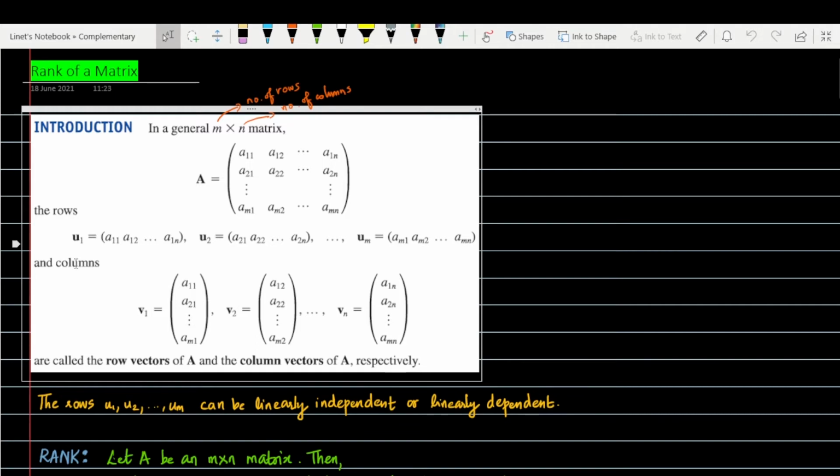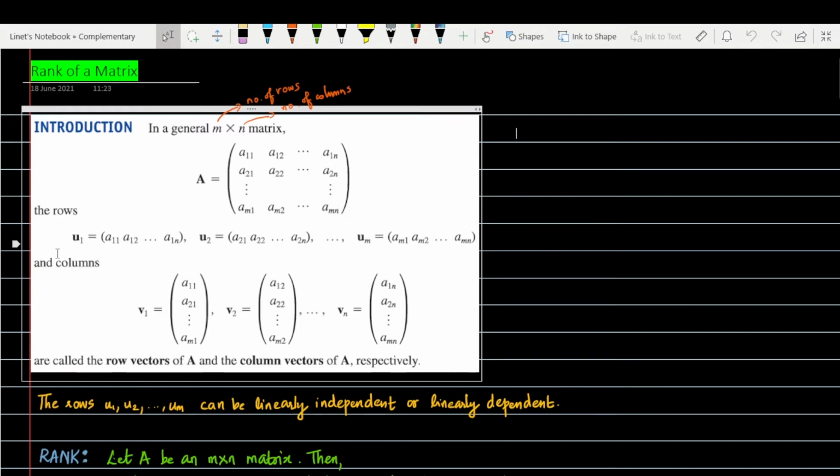The columns are notated as v1, which is a11, a21, etc., am1, v2, which is a12, a22, etc., am2, and vn, which is a1n, a2n, etc., amn.